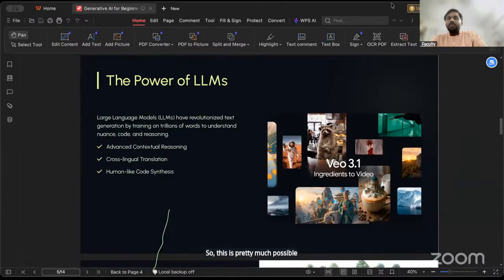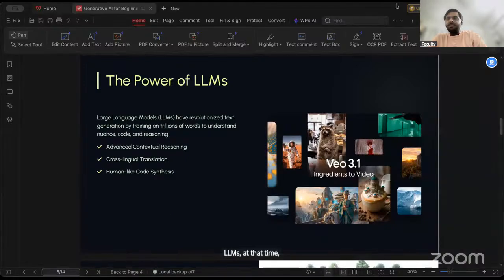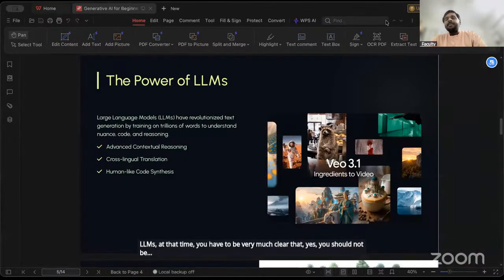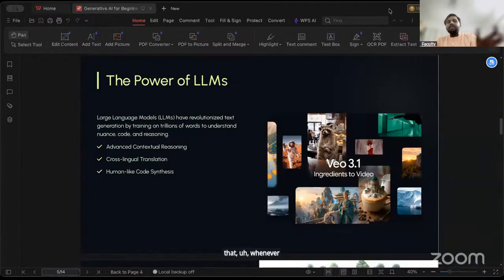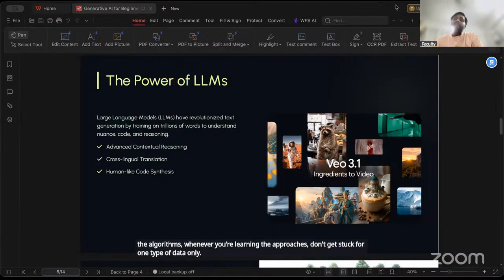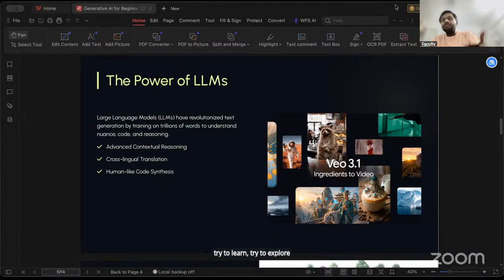So when you are going for your LLMs, you have to be very clear that whenever you are learning the algorithms, whenever you are learning the approaches, don't get stuck on one type of data only. Try to learn, try to explore other types of data as well.